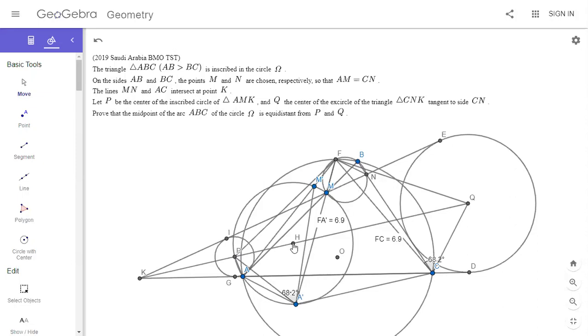Yeah, that is interesting what you mentioned, how the center of it is collinear.